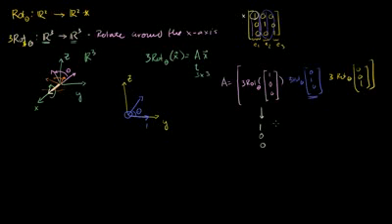So the x direction is still going to be 0. And then what's its new y direction? Well, here we do exactly what we did in the last video. This length right here is going to be its new y component, and this length right here is going to be its new z component.